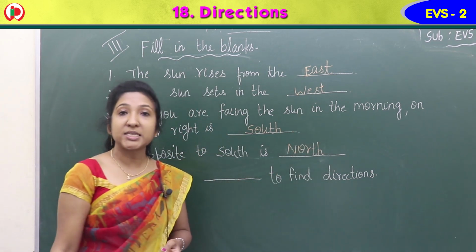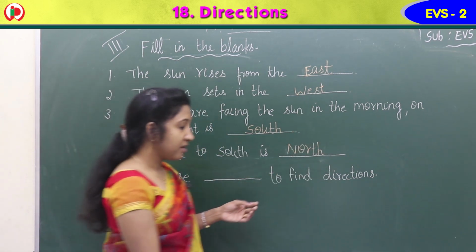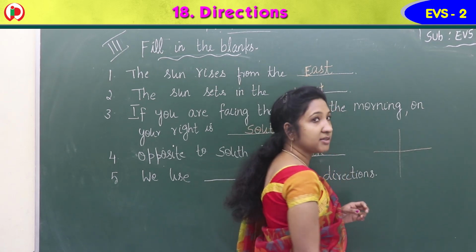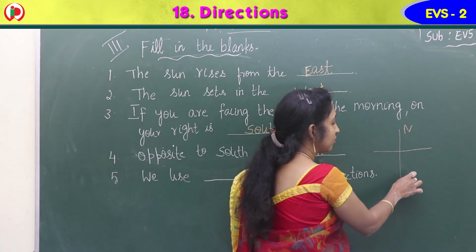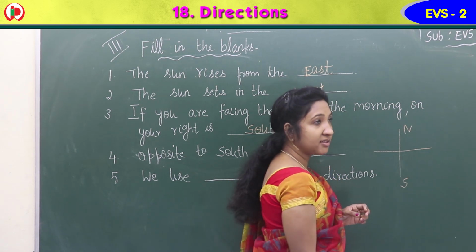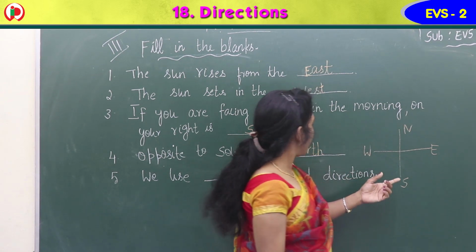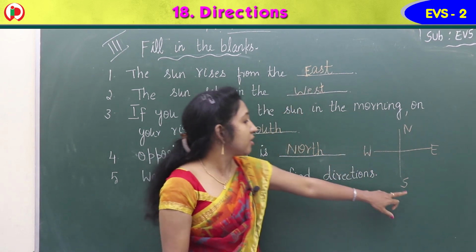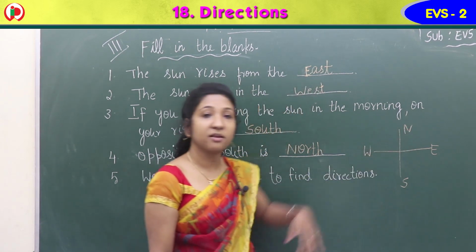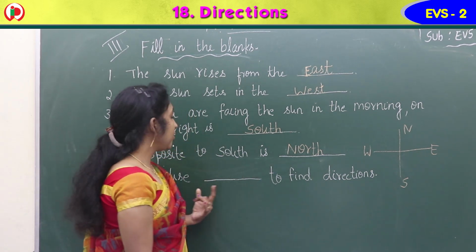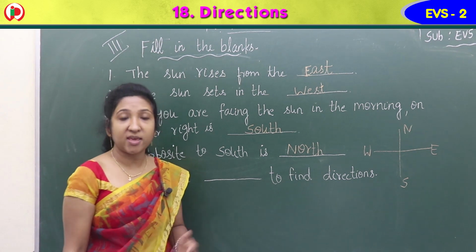Opposite to south is north. Isn't it? Whenever we draw the directions, we draw them like this. North, south. We mark like this, isn't it? North, south, east, west. So opposite to south is what? N, north. Yes.